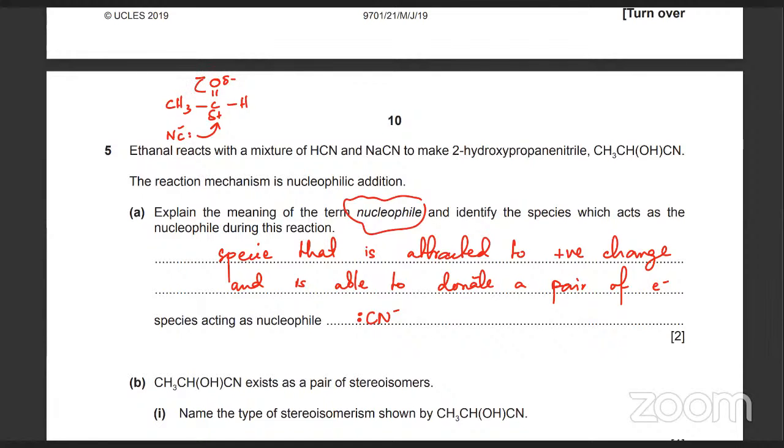And the electrons in the double bond get repelled. Then the CN bonds to the carbon at the bottom, and the oxygen at the top becomes O- with its electrons. Then the H+ from HCN gets attracted to the O- at the top and bonds with it. So you get a cyanohydrin.